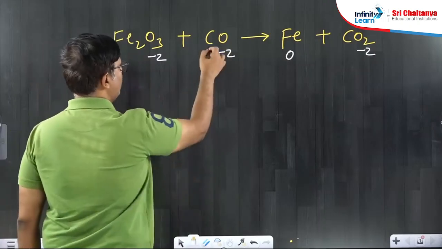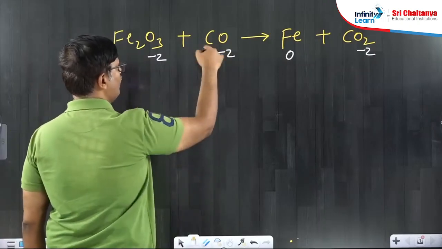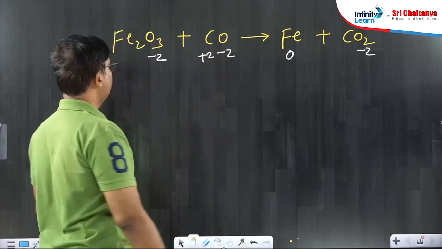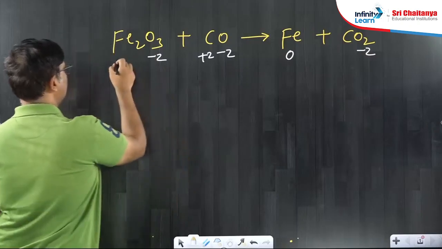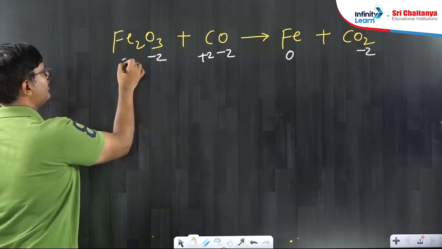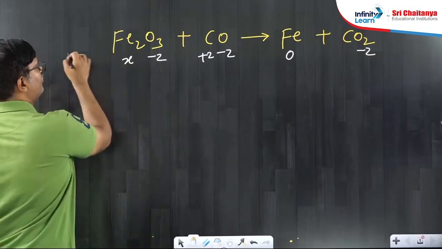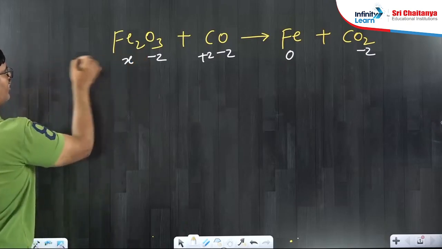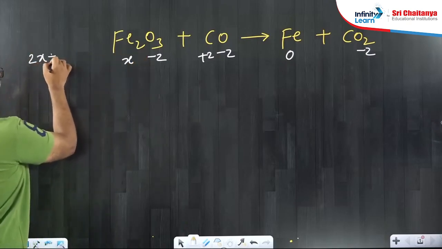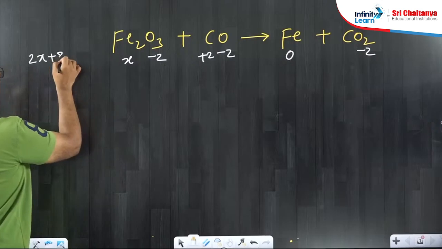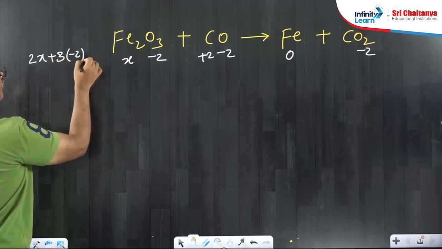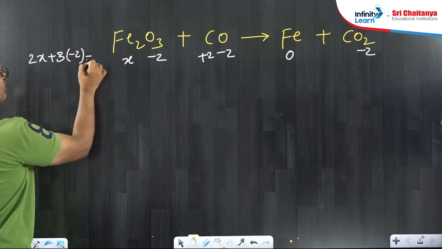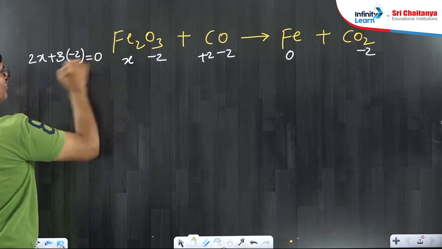And if oxygen is -2, carbon will be +2, then only the overall will be equal to 0. If oxygen is -2, then iron will be how much? Let's take X and find out. So 2 irons are there, 2 into X plus 3 oxygens, 3 into -2, is equal to the overall charge. Overall charge is what? It is not an ion, so 0.